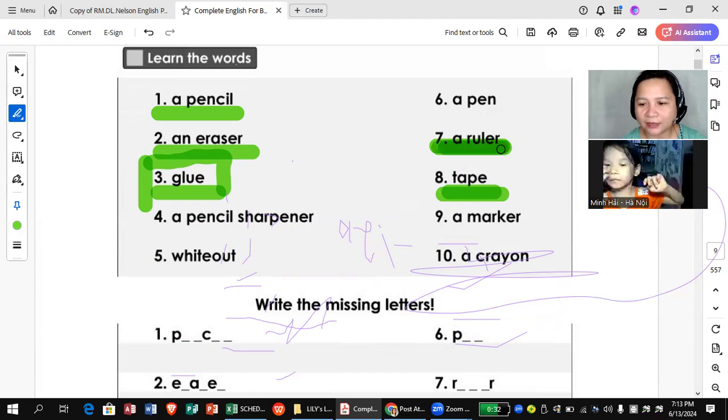Can you please say? U, E, and A. Okay, so the consonants are R, L, and R.